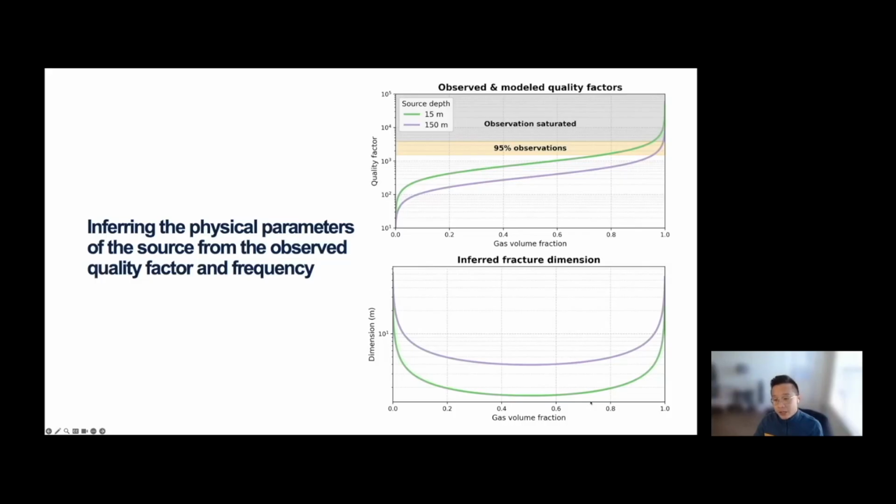Since we have already determined the gas volume fraction to be above 70%, we can see that we are in this range of the plot, which suggests a fracture dimension of a few meters to a few tens of meters.